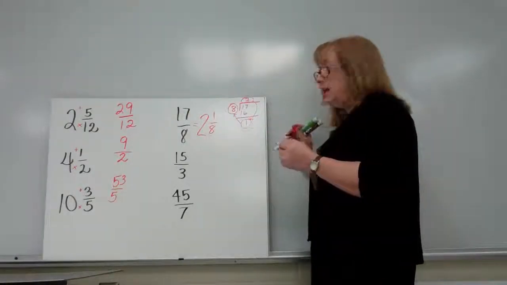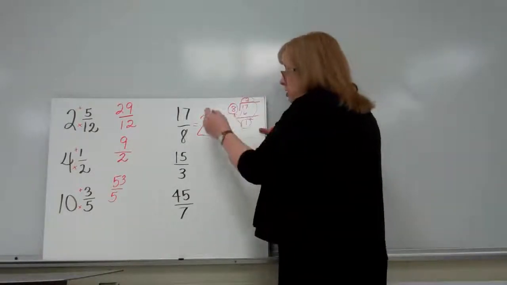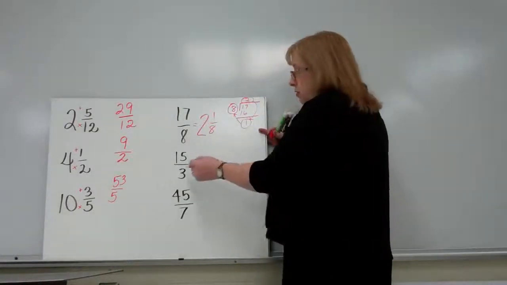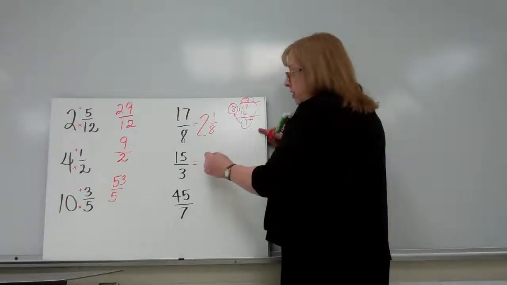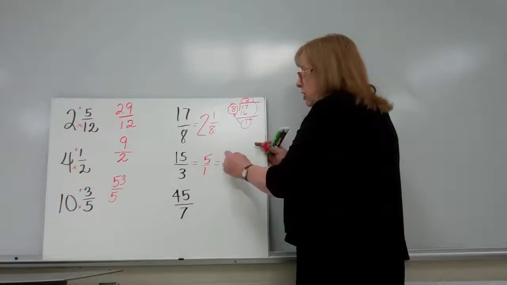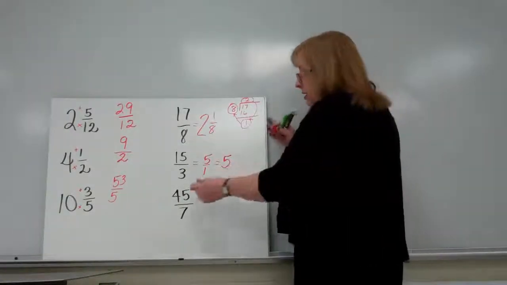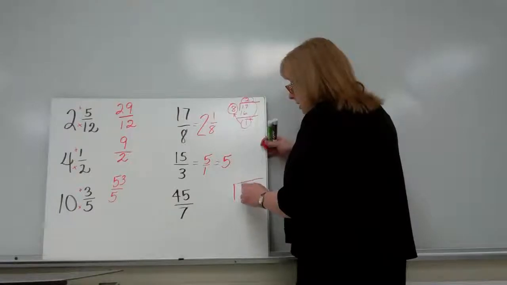Depending on what kind of fraction you have, you may want to do this, or you may just be able to go through. Now 3 goes into 15 5 times. So we wouldn't leave it like that. We'd leave it as the whole number 5. And then again, let's take out 45.